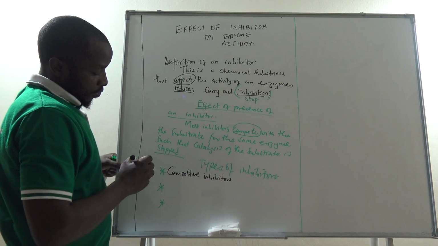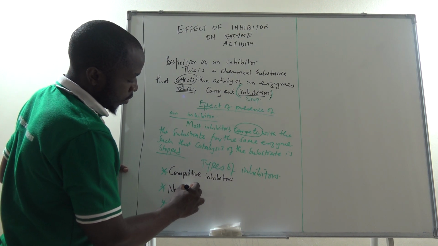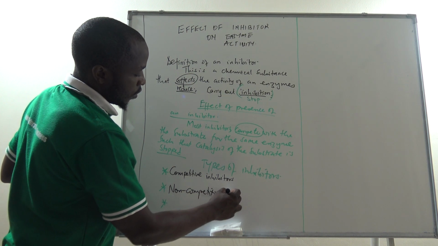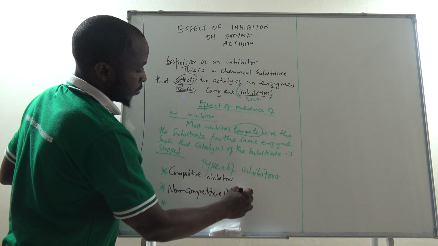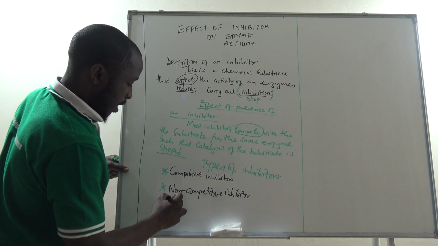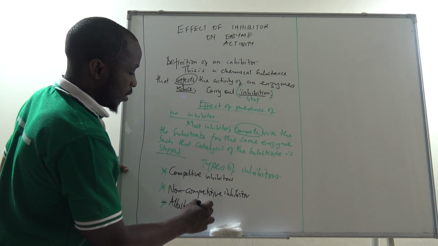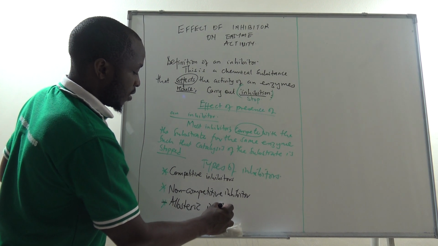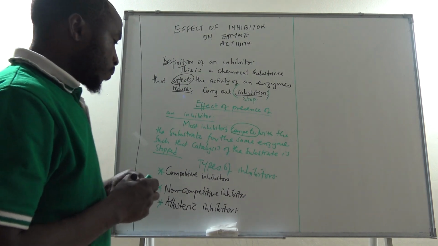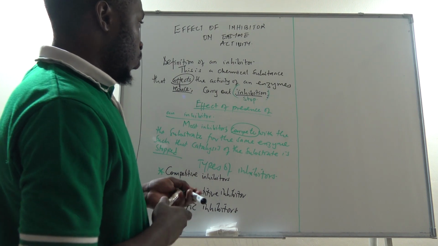Then the next one, we can call non-competitive inhibitors. And the other one, we can call allosteric inhibitors. Let's expand one at a go.